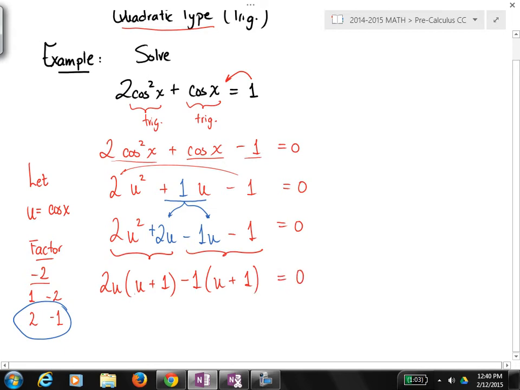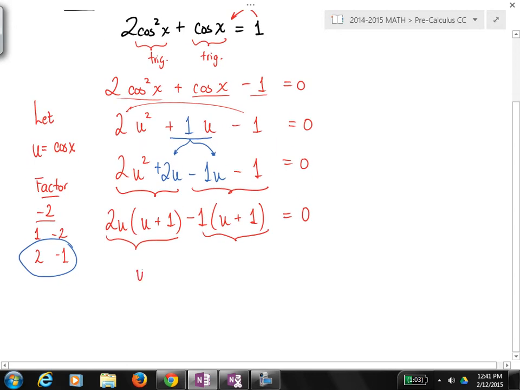This middle term splitting should result in now two terms, all of this and all of this. And they both share that u plus 1. So I'm going to factor out the u plus 1, and I'll be left with 2u minus 1. Okay, so just the middle term splitting factoring.